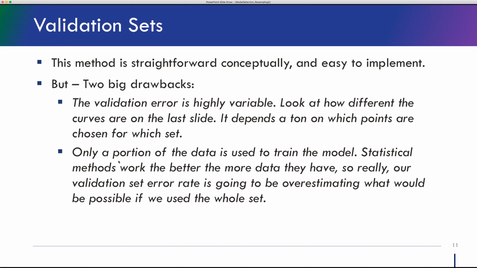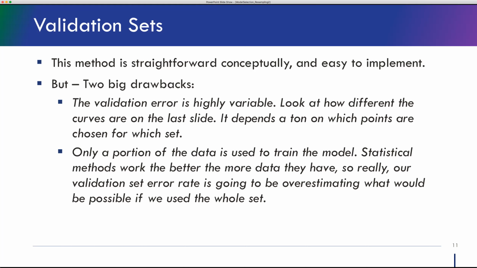And because only a portion of the data is used to train the model, and statistical methods work better the more data they have, our validation set error rate is actually overestimating what would be possible if we used the whole data set.